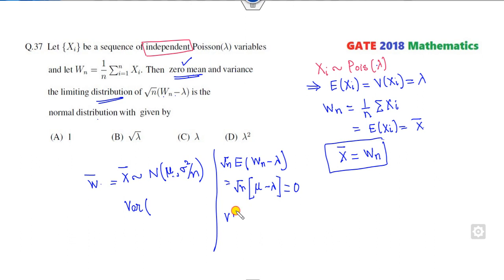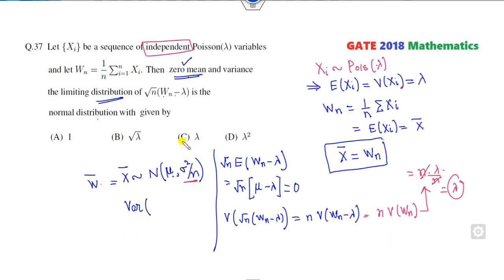How do you find the variance of this quantity? Root n is outside, so n is outside for the variance of Wn minus the constant. We all know the variance of a constant is 0, so it is the variance of Wn. The variance of Wn is sigma square by n, so the answer is lambda.